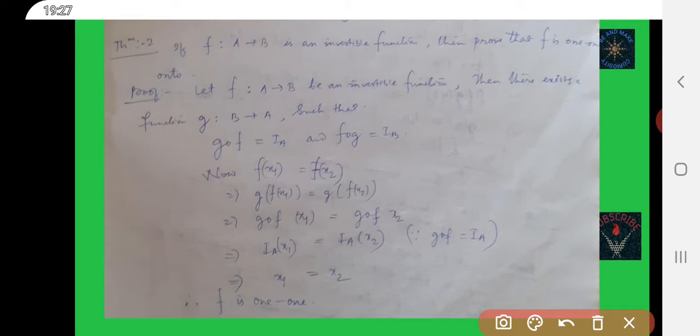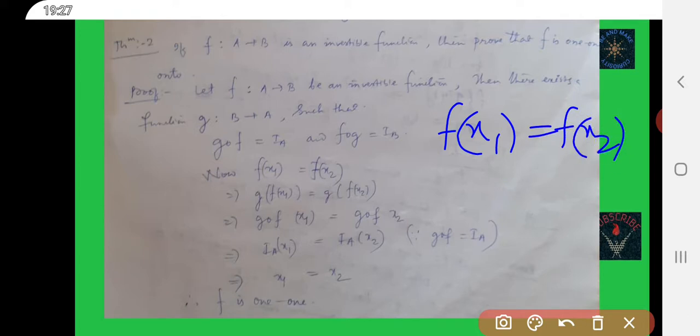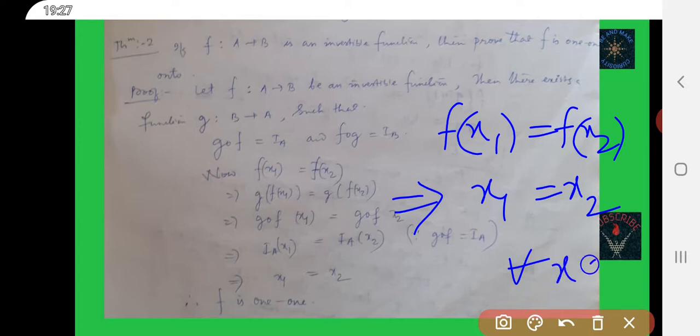Now we have to show it is a 1-1 and onto function. You know how to check 1-1. Suppose f of x1 is equal to f of x2; if we show x1 is equal to x2 for all values of x belonging to A, then we can say the function is 1-1.